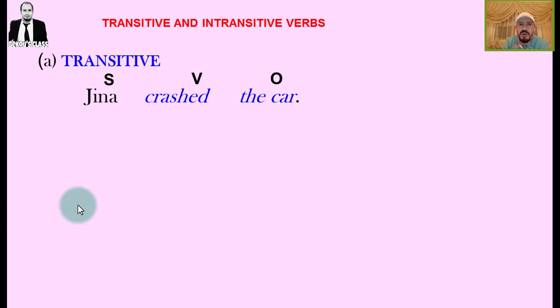For example, the verb cry, the verb sleep, they don't need an object, so they cannot be put in the passive. So look at this one here. Gina crashed the car. Gina crashed what? Crashed the car. So this verb is transitive.